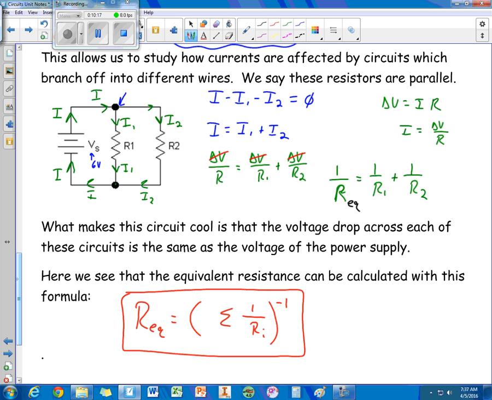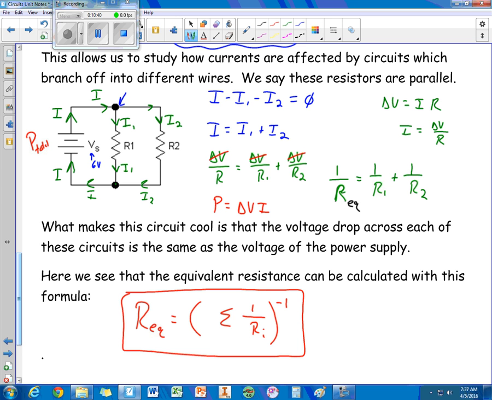Once again, we can also take a look at power. So we've got some total power. And power equals delta V times current.